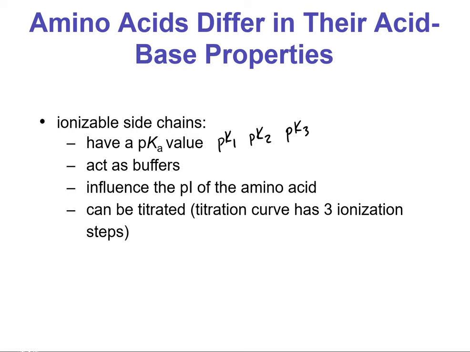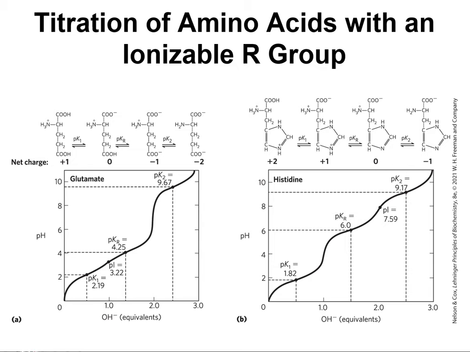You can still do a titration, but you're going to have 3 ionization steps instead of 2. So here are a couple of examples, and these look a little different than the glycine titration. And you can see that you've got all these different pKs. So you can have pK1, pK2, pKr, or 1, 2, 3.